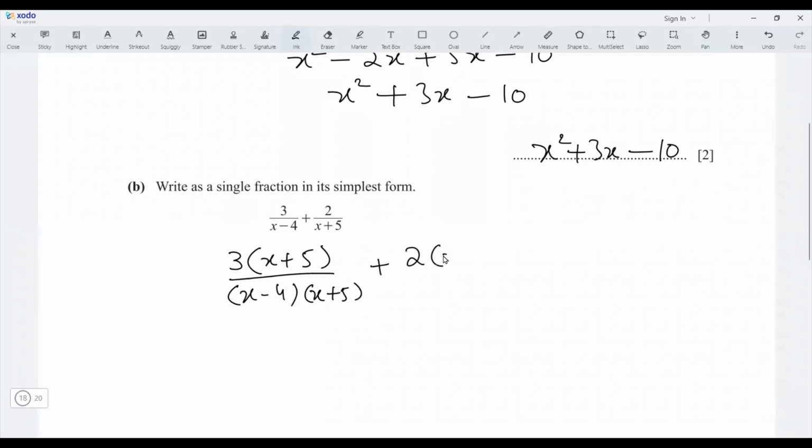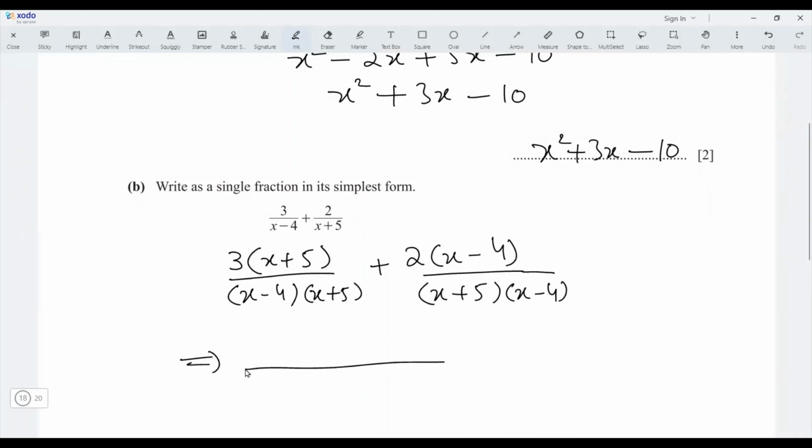We can write down 2 times x minus 4, and whole divided by x plus 5 times x minus 4. So once the denominators have become the same, we can write down 1 times x minus 4 and times x plus 5. No need to multiply them later on. So now we have to multiply the numerators.